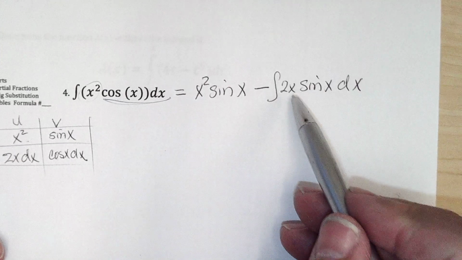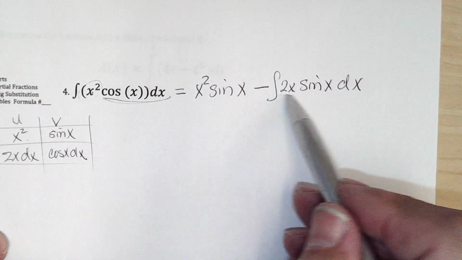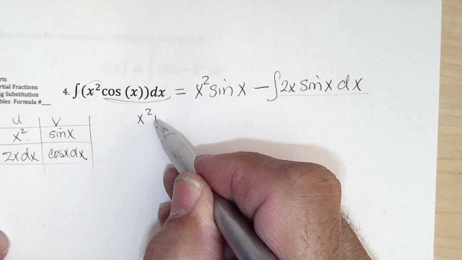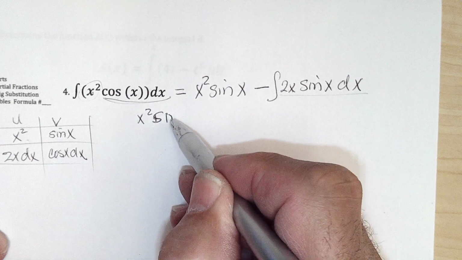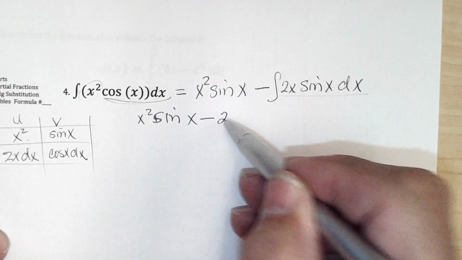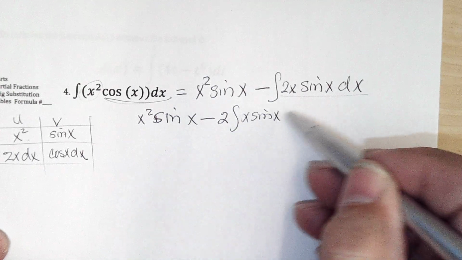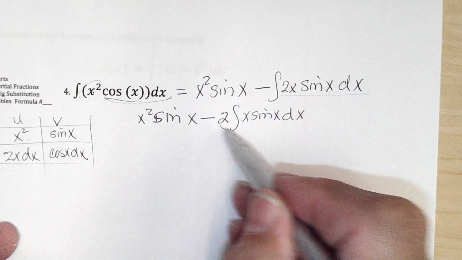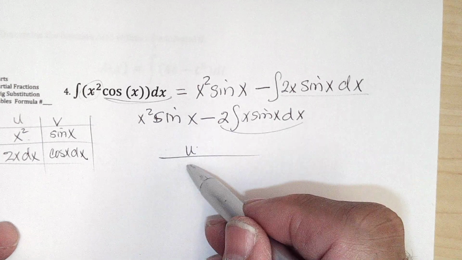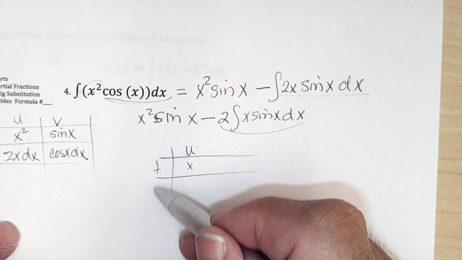Now, I still have an x, but it's not as messy as it was. That suggests I should do it again. So I have x squared sine x minus, I'm going to pull the 2 out, of x sine x dx. To do this part, I'm going to let u be the x, so that when I take the derivative, it gets less.